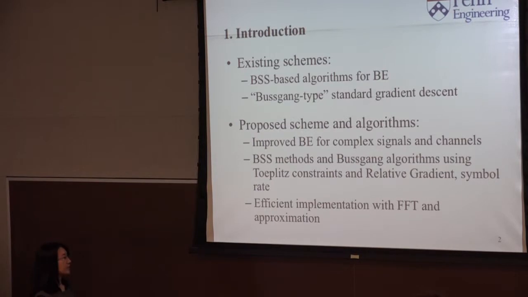In my proposed scheme and algorithms, I first extend blind equalization to complex signals and channels as well. I also improve BSS methods as well as Pascal-type algorithms using Toeplitz constraints and relative gradient with symbol sampling rate. And I propose to implement the algorithm efficiently with FFT and some approximation.